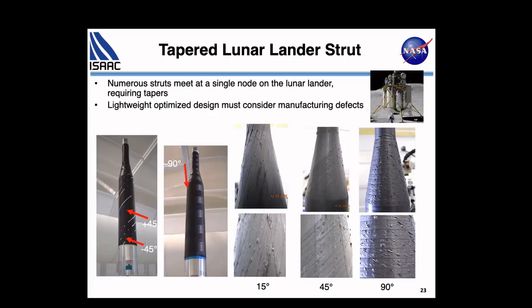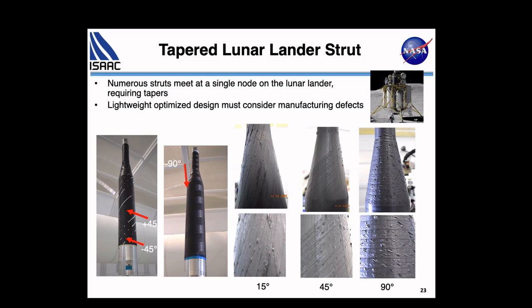And speaking of spacecraft, this is an example of looking at lunar lander legs. This is not the methodology in current design scenarios, but it's something we looked at some years ago, where in the lunar lander, all the legs come together up at the top. So you'd like the leg to be a larger diameter.